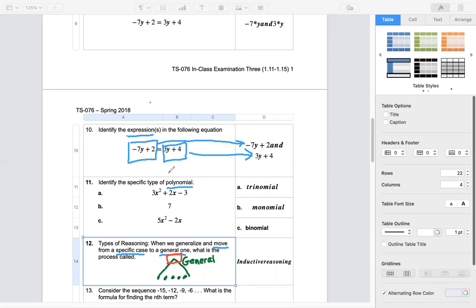The letter D there. When we're going down from a big theory of something, a hypothesis, down to the specific details, it's deductive reasoning. Okay. So again, review your notes on that. But that is the difference between inductive and deductive reasoning. Okay, I'm going to move on.